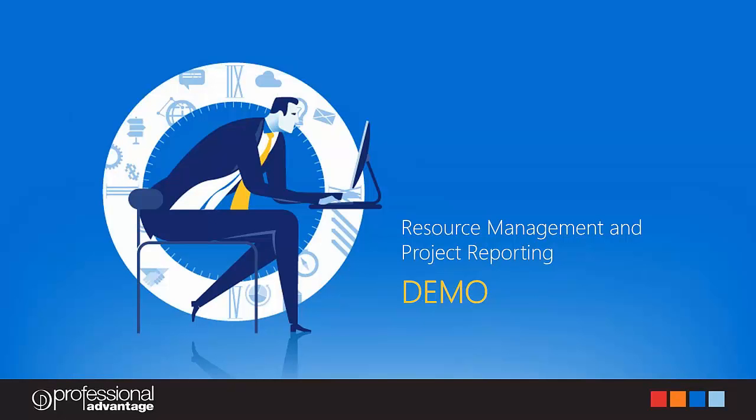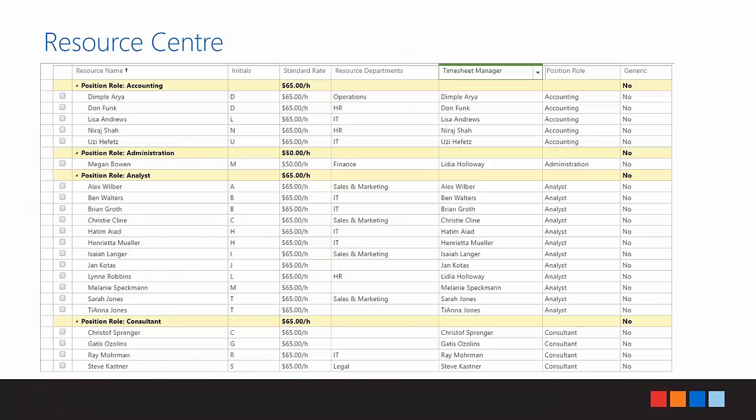So to start with, we're talking about resourcing with Project Online. Probably the heart of the resourcing in Project Online is the resource center. So essentially, what the resource center is, it's a collection of all of the different people within our organization.